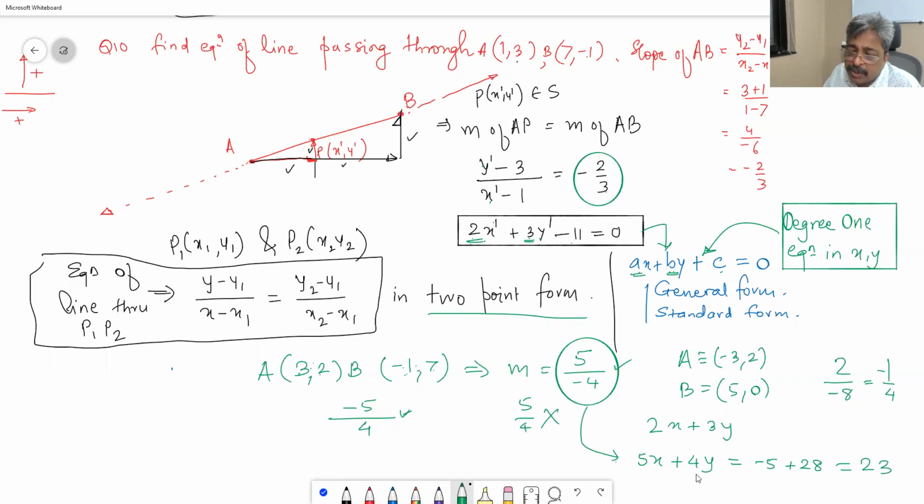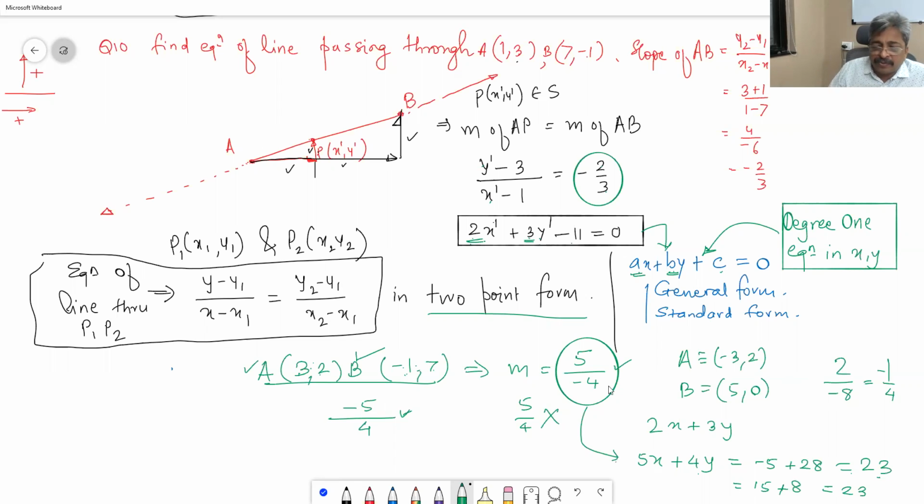So 5x plus 4y is equal to 23 is the equation of this AB. You can cross check by putting 3 comma 2 also: 15 plus 8 is equal to 23. It satisfies this point as well as that point.